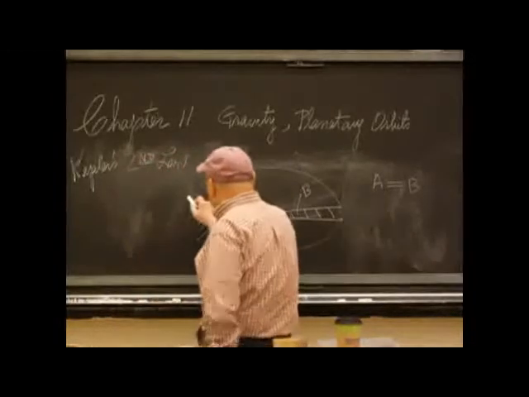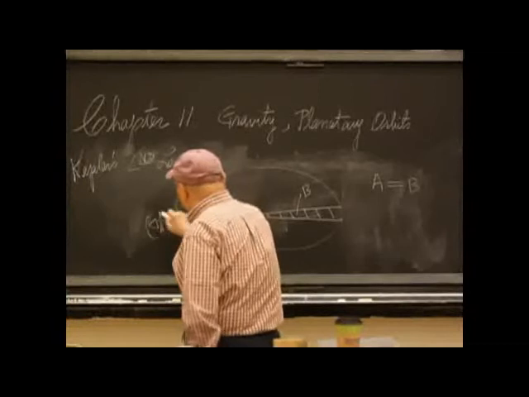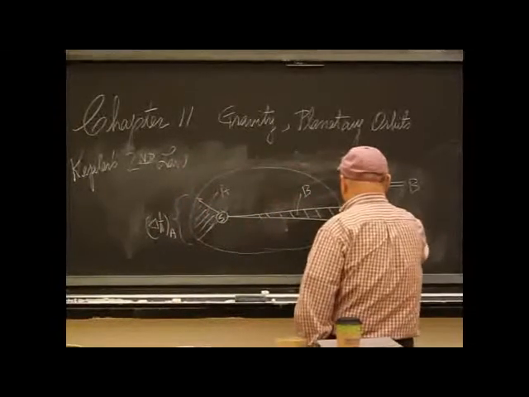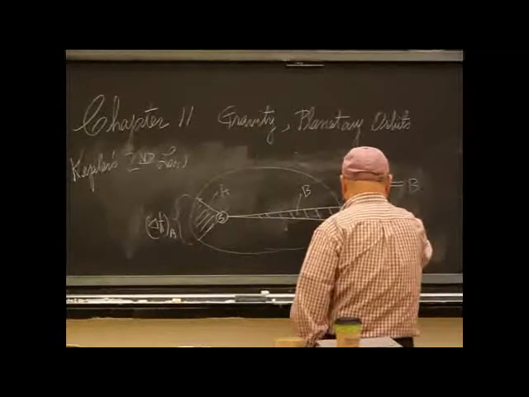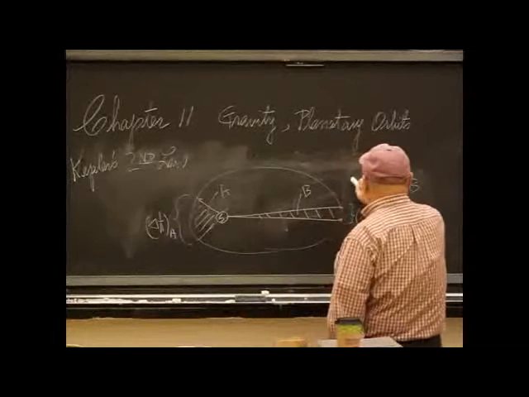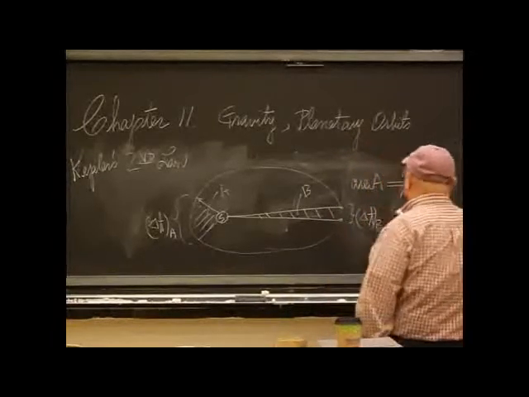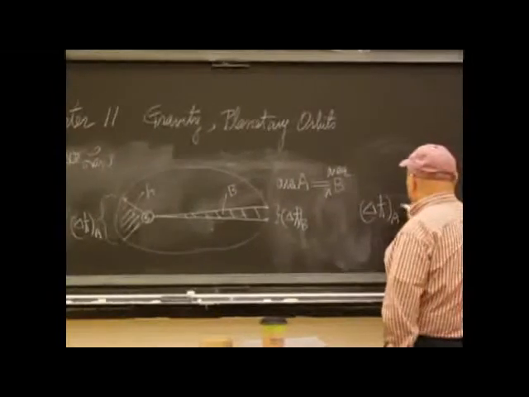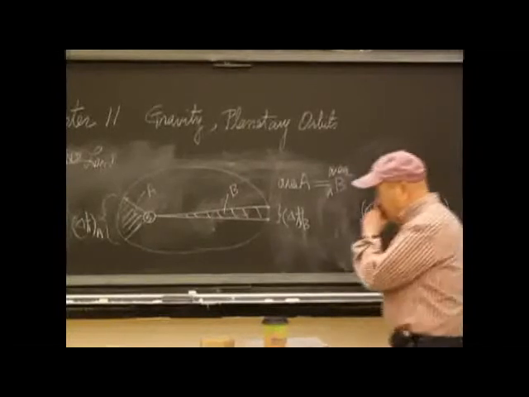That means when you come from here, delta T_A is equal to, from here to here, delta T_B. So if area A equals area B, then delta T_A equals delta T_B.